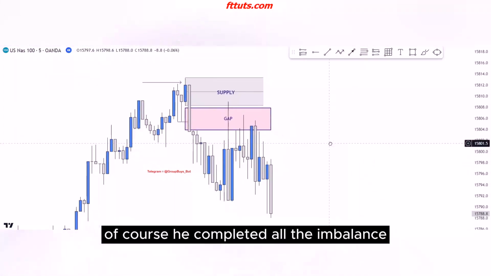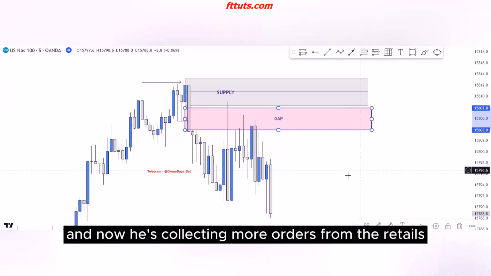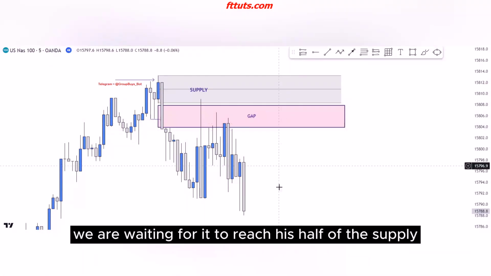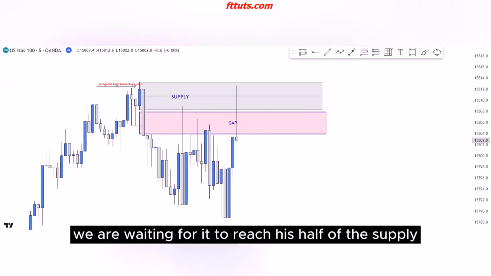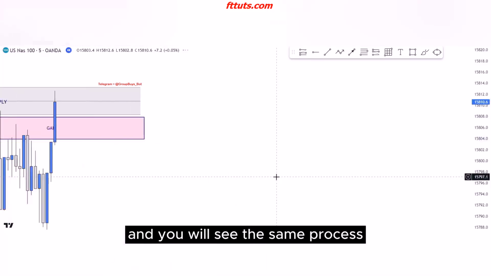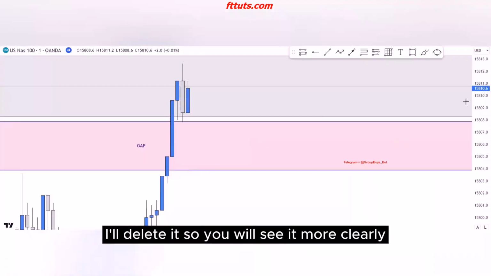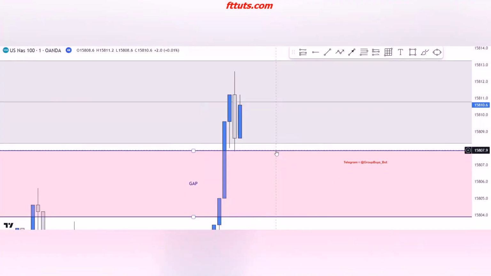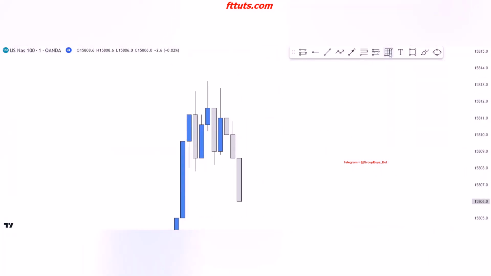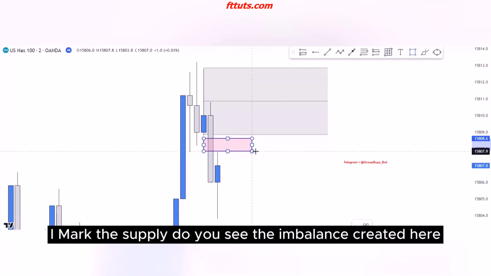Of course, it completed all the imbalance, and now it's collecting more orders from the retailers. As you remember, we are waiting for it to reach half of the supply. And now we will move to a smaller time frame and you will see the same process completed the imbalance. I'll delete it so you will see it more clearly. I mark the supply.